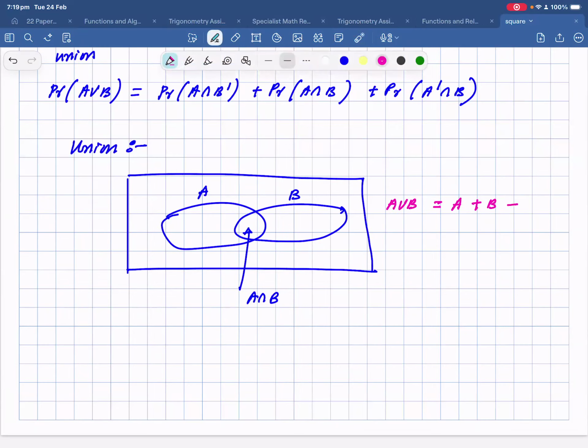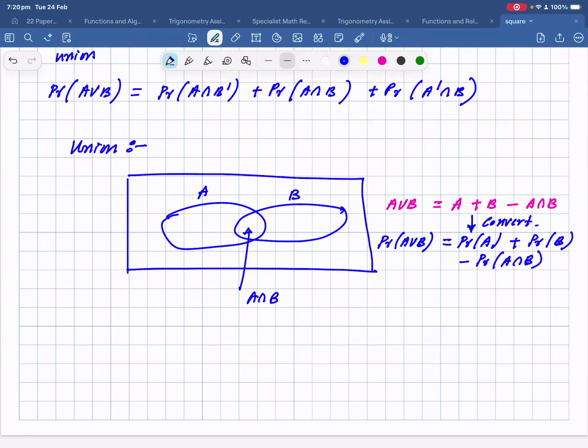That duplicate would be minus A intersection B. So what we did is remove the double count. I hope you understand that. Now if you think about the probability, probability of A union B is probability of A plus probability of B minus probability of A intersection B. So this one you can convert into probability.